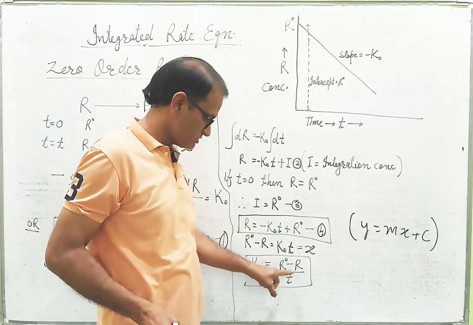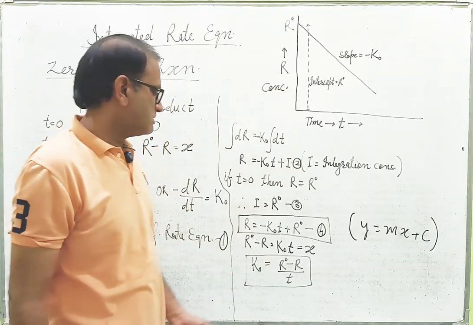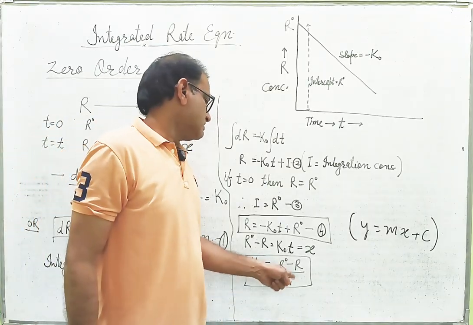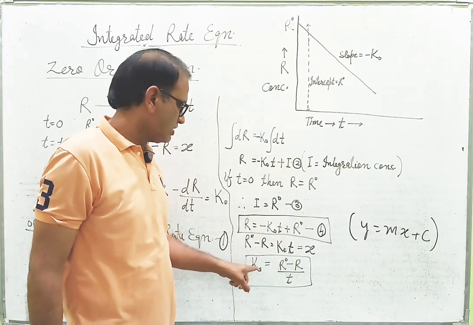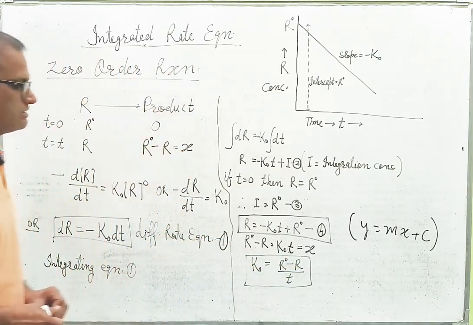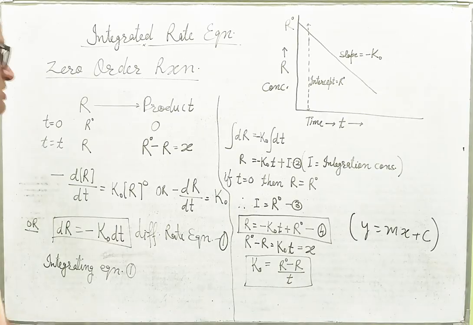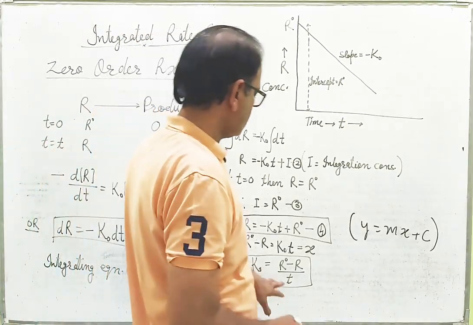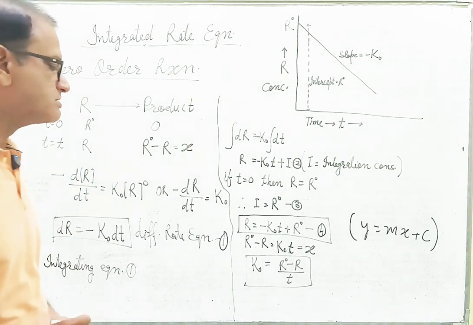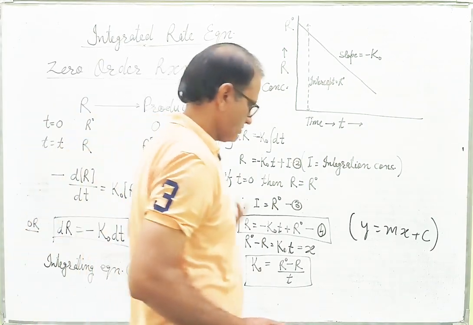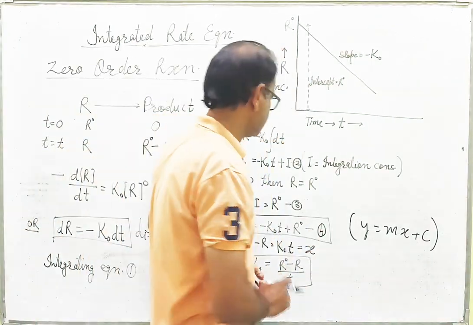It's convenient to determine the time from this equation, because if we know the concentration at time t, and for the reactant R naught we are already knowing, and we know the rate constant K0, then we can determine t, the time taken. Say for 25% completion, what does 25% mean?